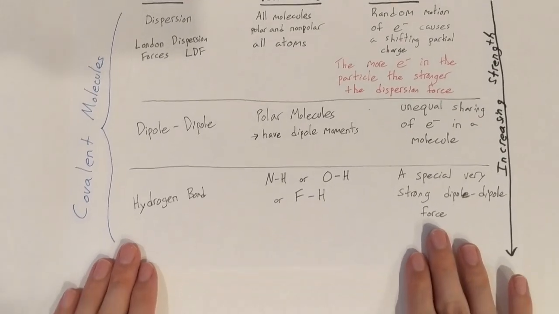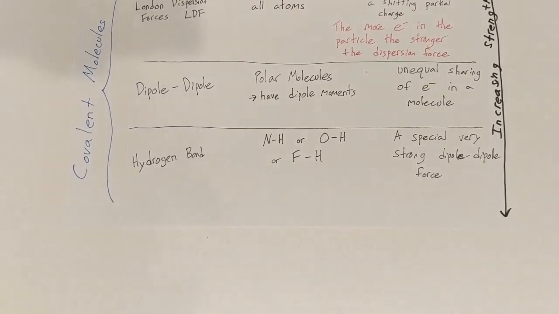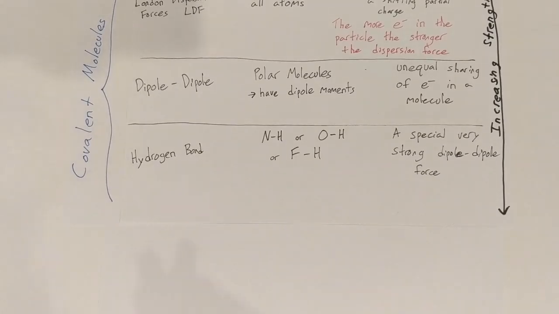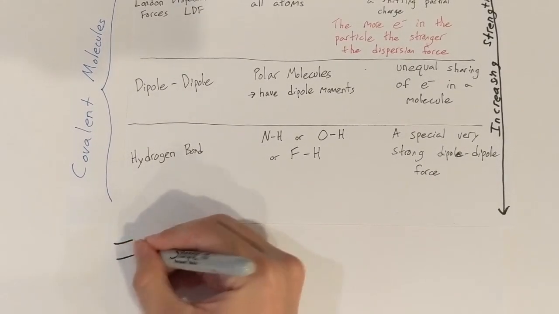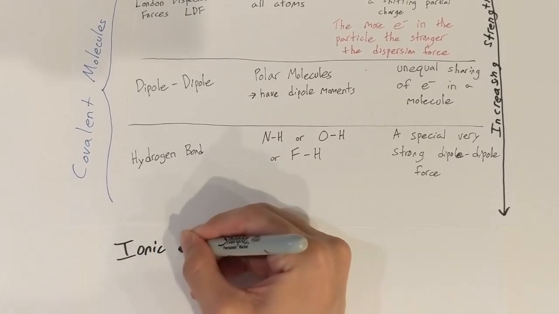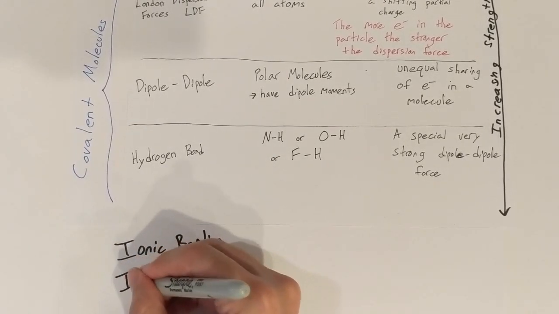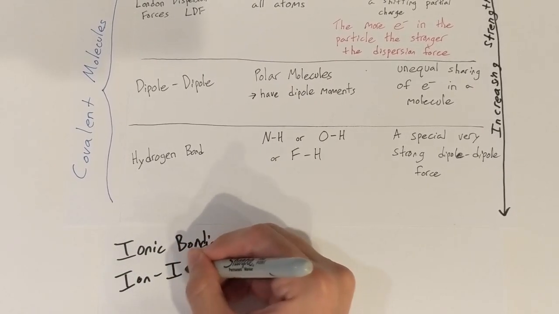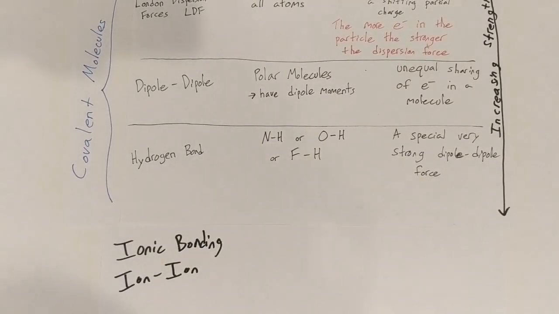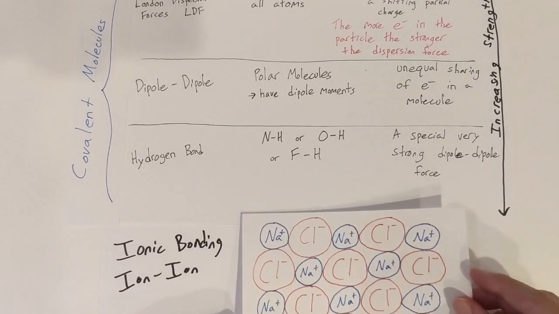But we have even some things with stronger attractions, and that would be ionic bonding. You could think of it as just when two ions are attracted together. Just like in salt would be our example, these aren't partial charges anymore.